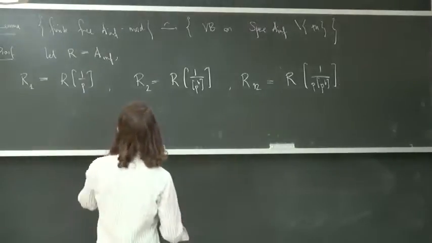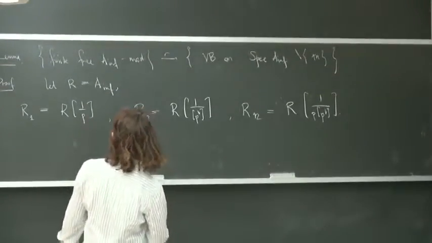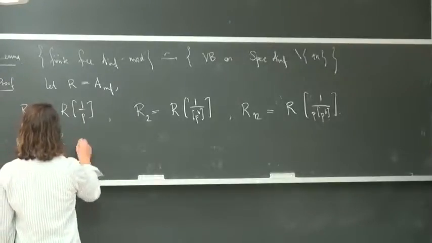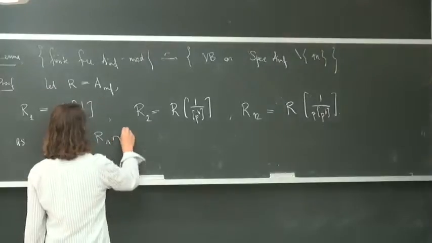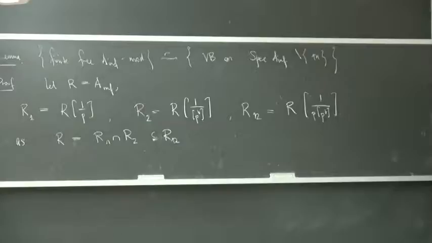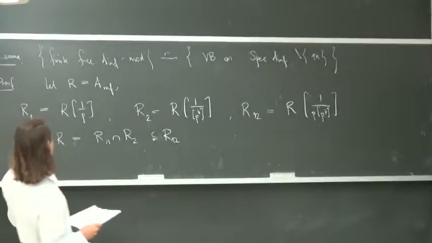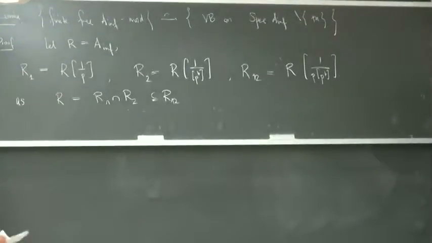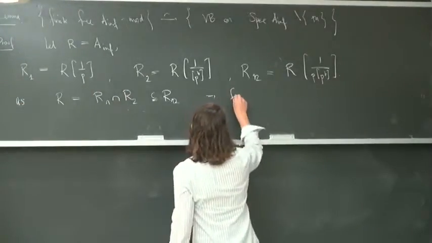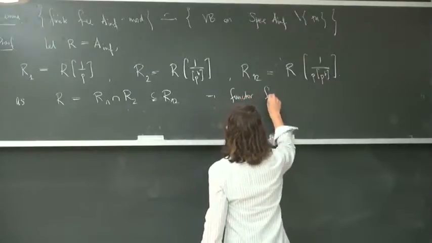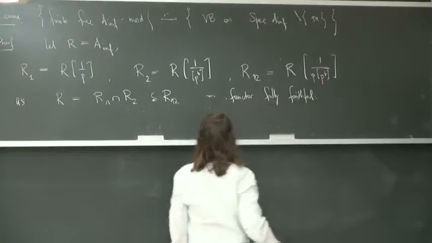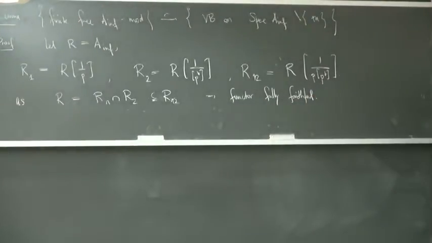And so I should say that R is the intersection of R1 and R2 inside R12. That's easy to check. You see that this functor is fully faithful, because you can recover this module as global sections of this vector bundle.